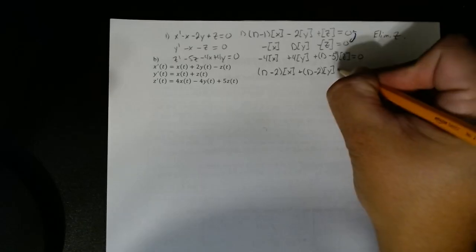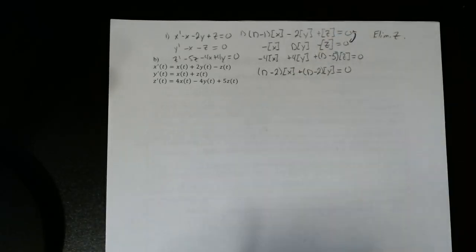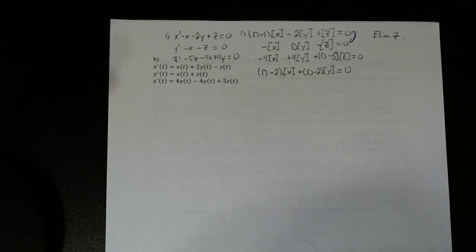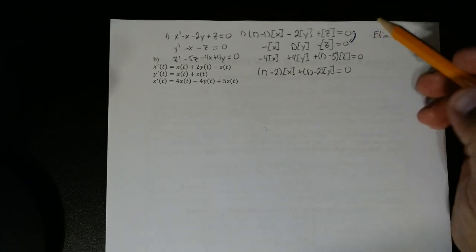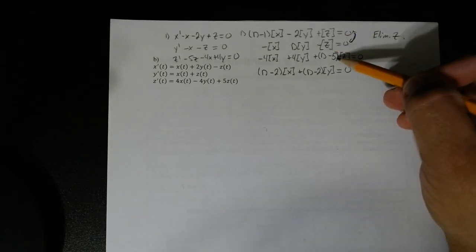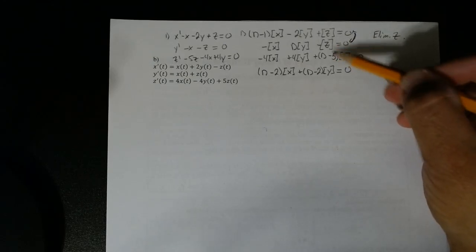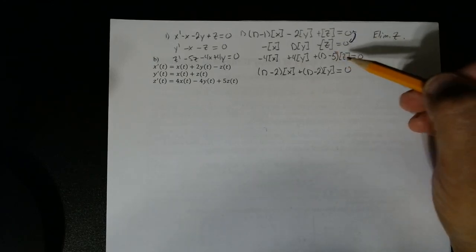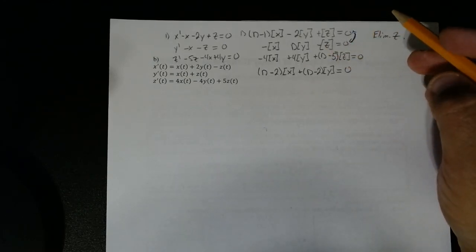The z's go away, and this still equals 0. Now, this time we have to do a little bit more finessing. Again, I want to eliminate the z's. There already is a negative here, which is kind of nice. It's negative 5 here, but we're on the right track so far.